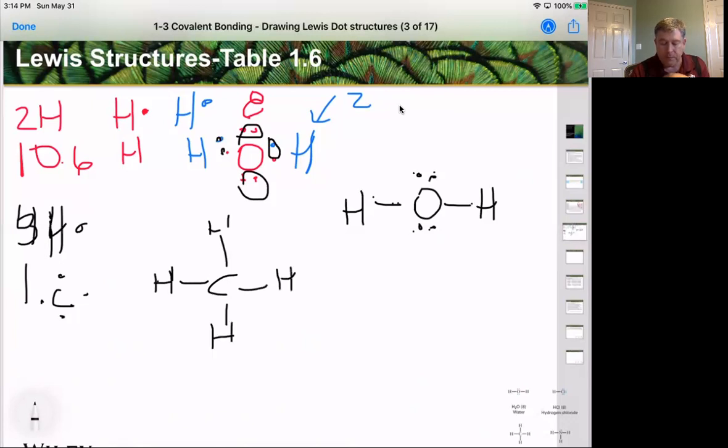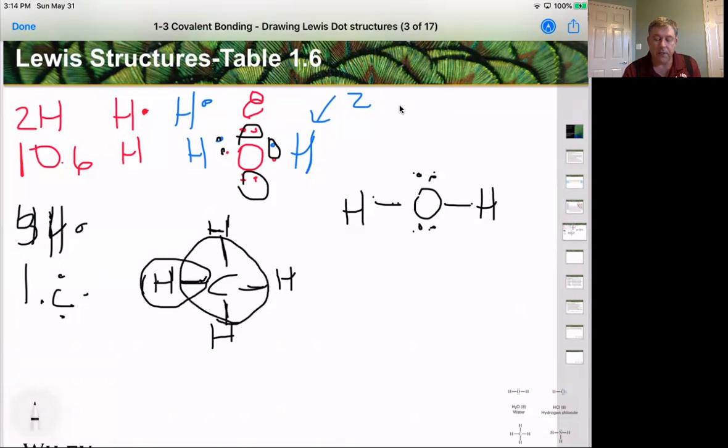Right here. Okay, let's see if everything has the right number of electrons. Okay, hydrogen, since this bond is 2 electrons, we can say that this hydrogen has a total of 2 electrons. That's all it can have, so it's happy. And each of the other hydrogens now also have 2 electrons. But if we look at carbon here, we have 1, 2, 3, 4, 5, 6, 7, 8.